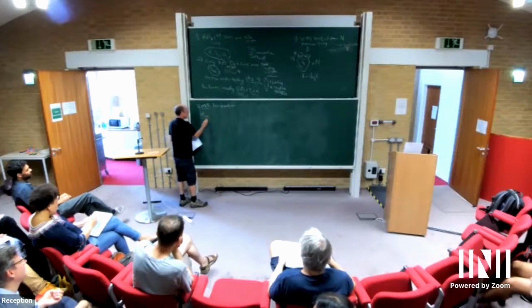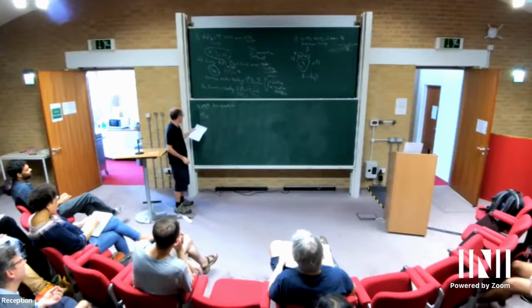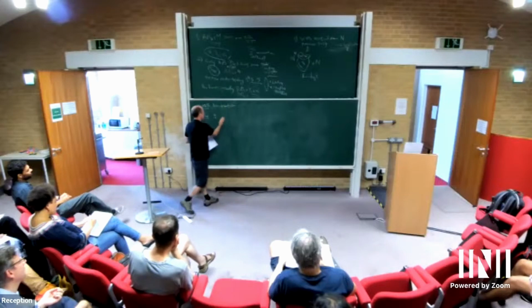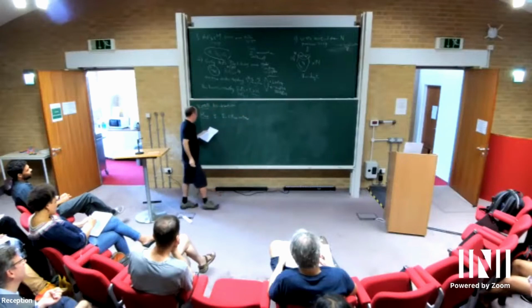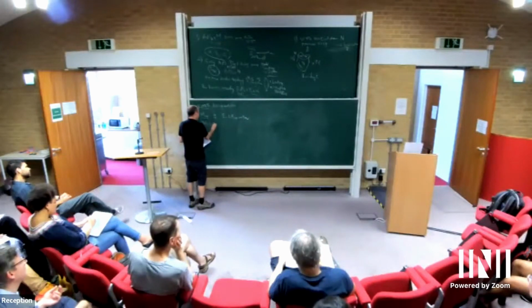This is just a little background. We have some even dimensional manifold. It has a Riemannian metric, and we have a Killing vector. And we also, crucially, have a polyform.